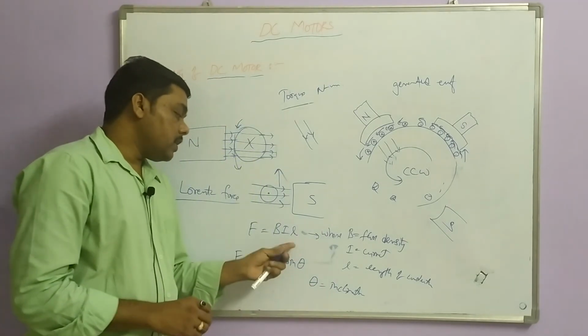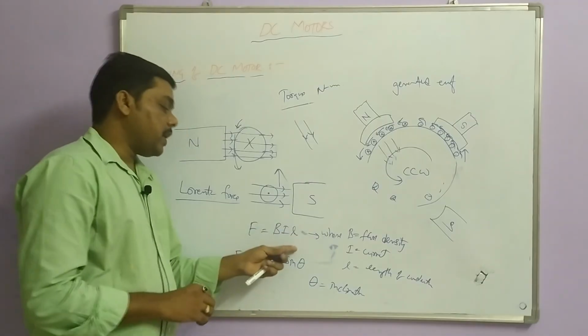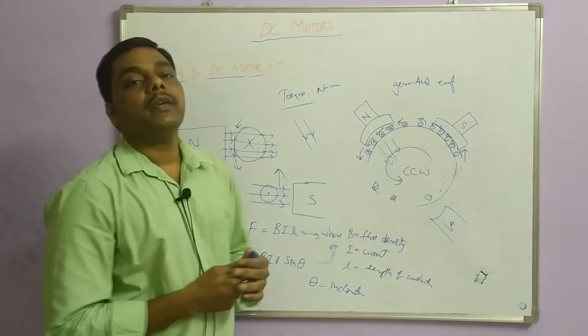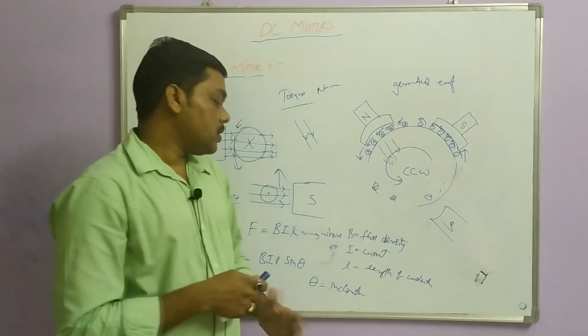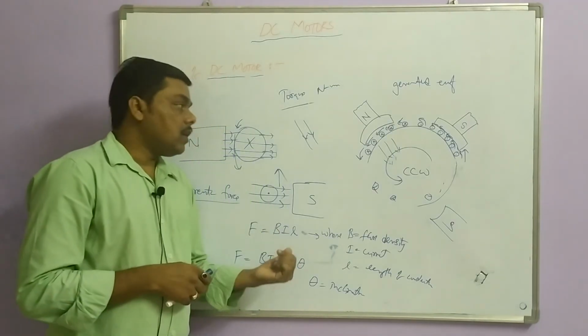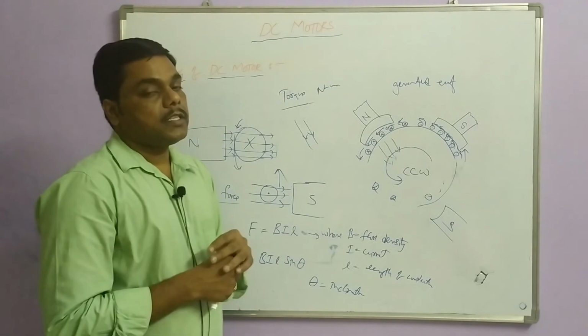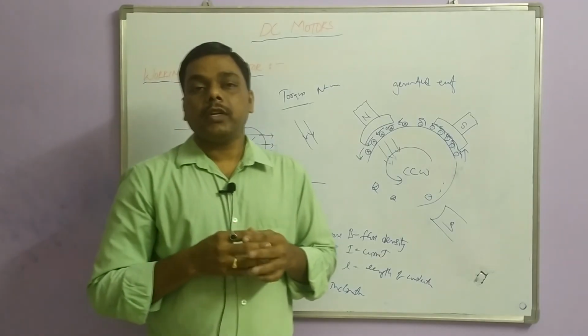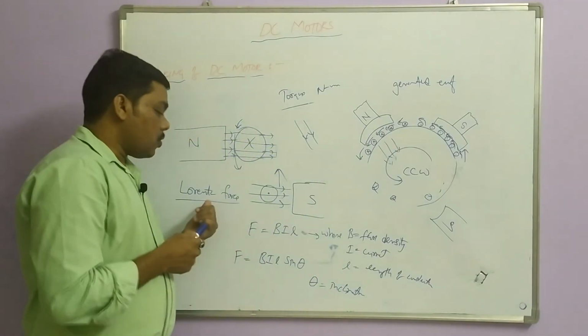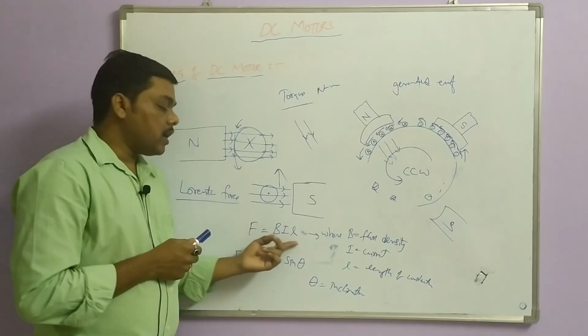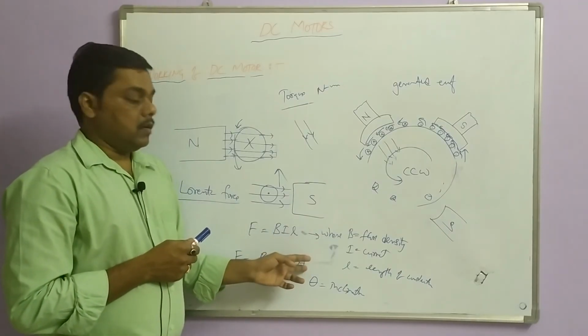If theta is 90 degrees, the total force will be maximum, that is BIL. So with respect to this formula, each conductor will experience a force called the Lorentz force, given by BIL.